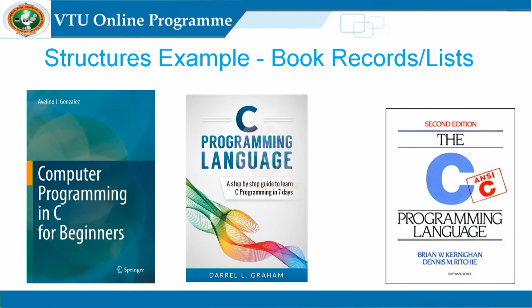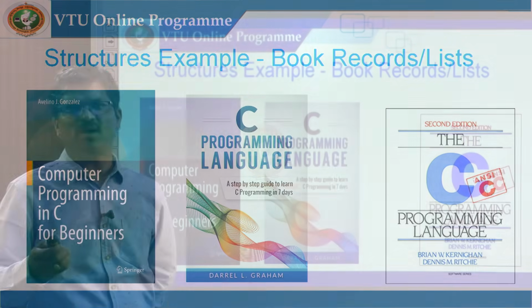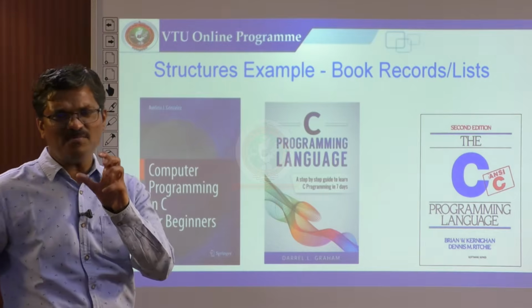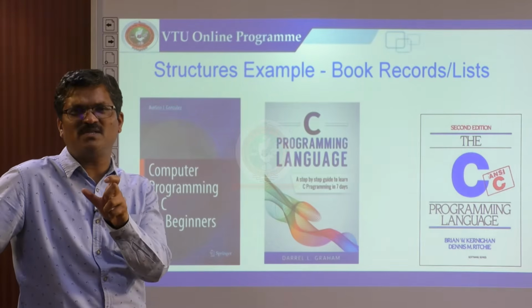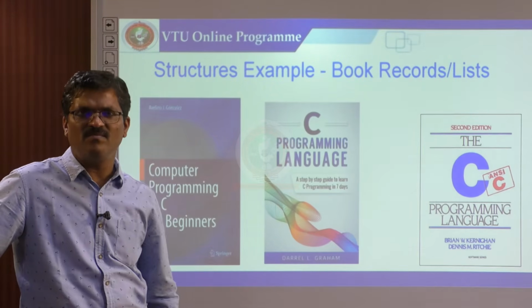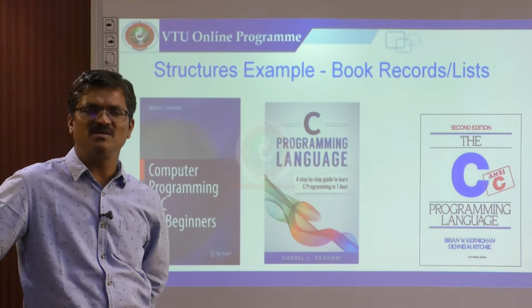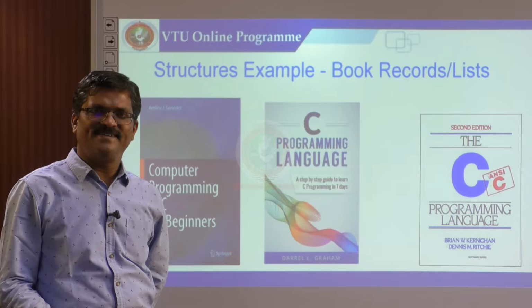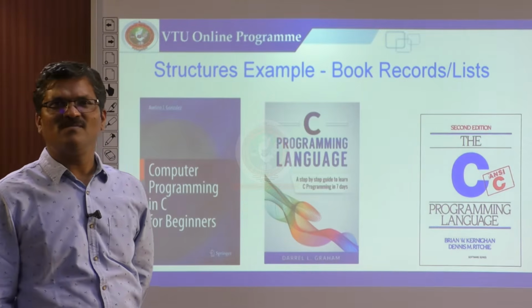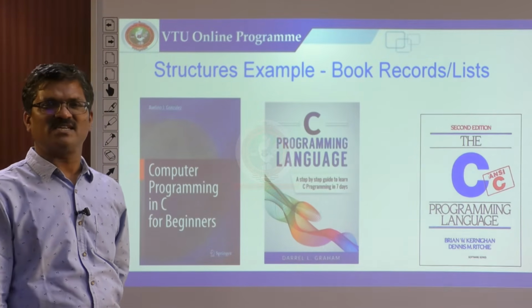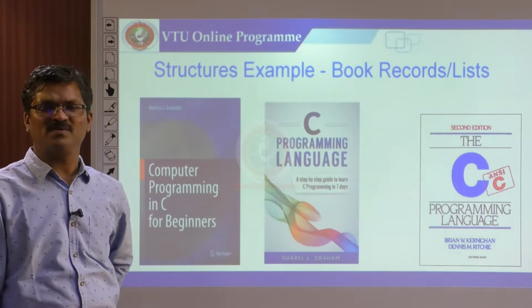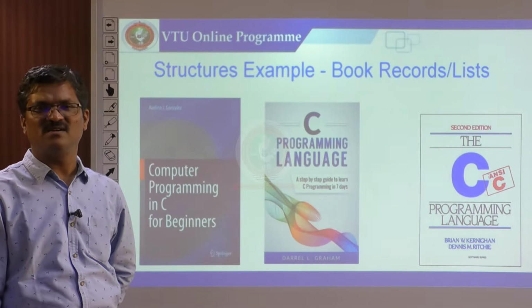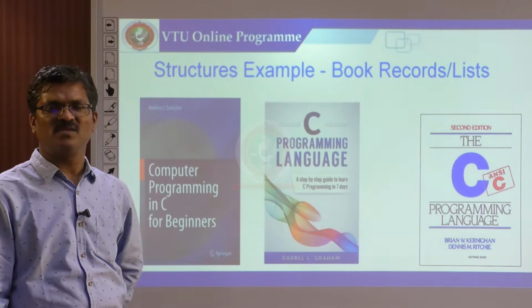So, whenever we want to maintain the records of books, we need to have a particular data type which helps us to store all these properties of a book, like title, name of the author, publisher, year of the publication, number of pages, etc. These consist of heterogeneous data types. Name represents a group of characters, a string, year represents an integer value.